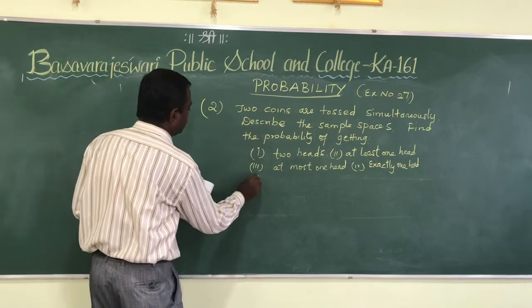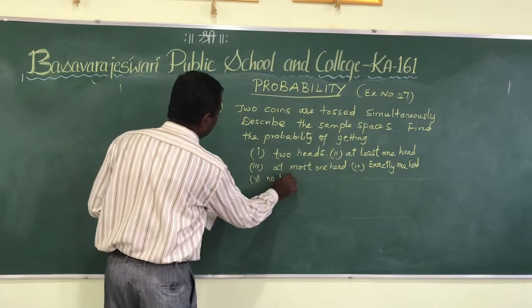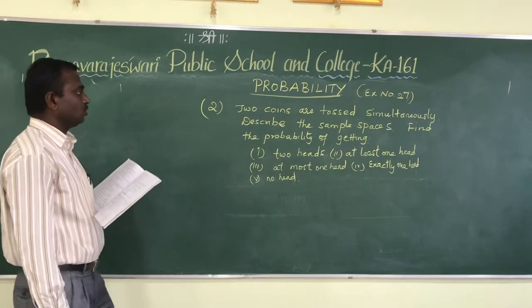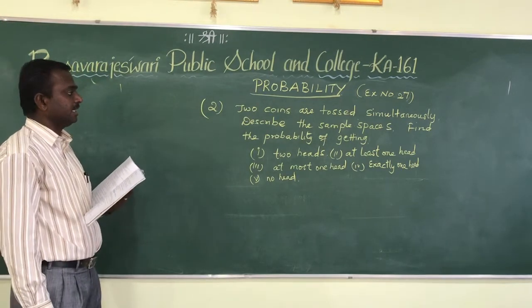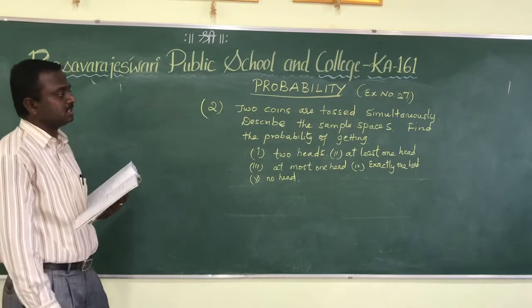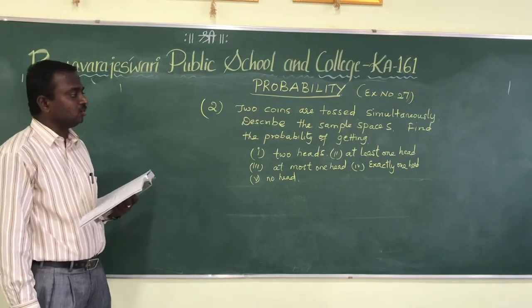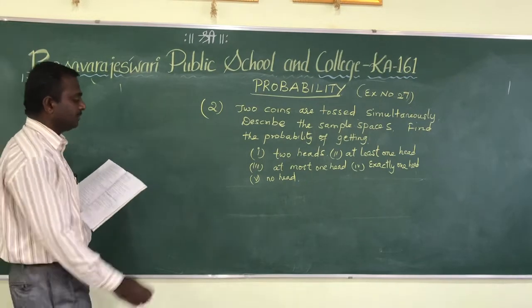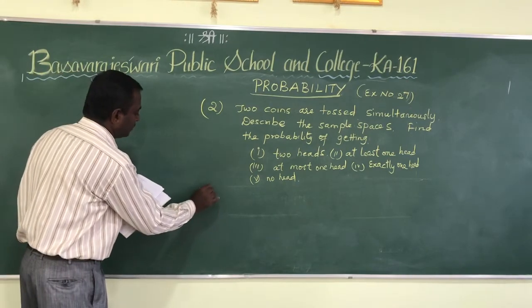Fifth, no head. So this is the question. Two coins are tossed simultaneously. Describe the sample space. Find the probability of getting two heads, at least one head, at most one head, exactly one head, no head. So we will discuss one by one.